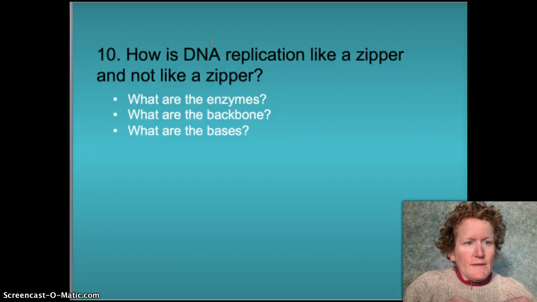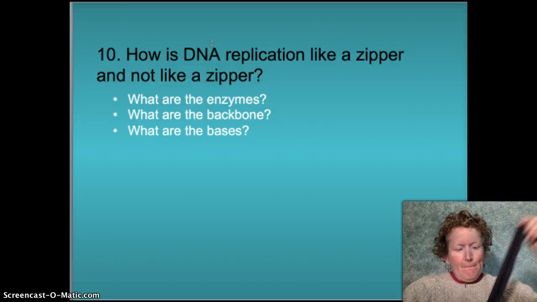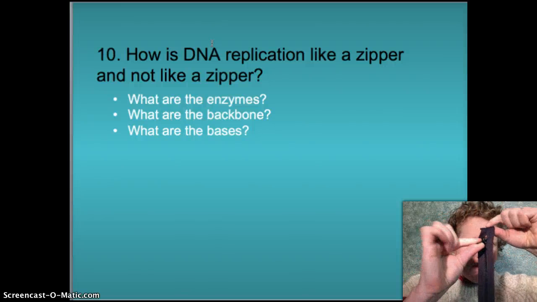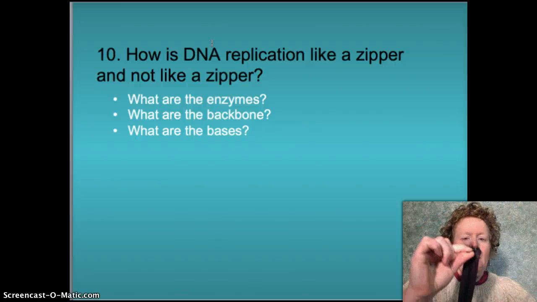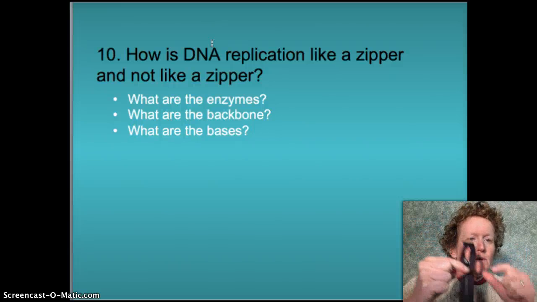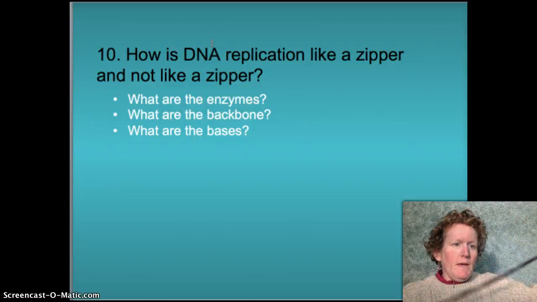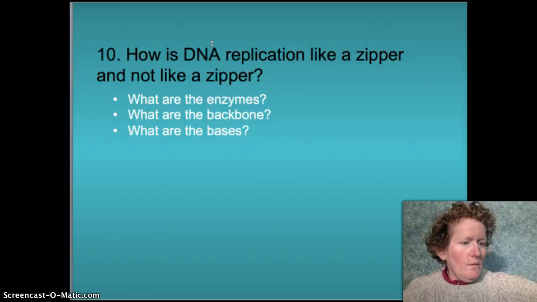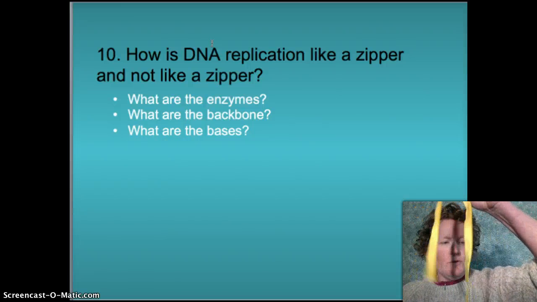Now there are some weaknesses to the model. Obviously, there's different enzymes that unzip and zip the DNA. So our zipper model has to play a couple roles here. And when we start replicating the DNA, we don't just bring in a whole new piece of DNA.